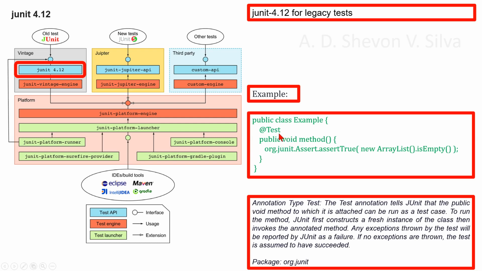To run the method, JUnit first constructs a fresh instance of the class, then invokes the annotated method. Any exceptions thrown by the test will be reported by JUnit as a failure. If no exceptions are thrown, the test is assumed to have succeeded.